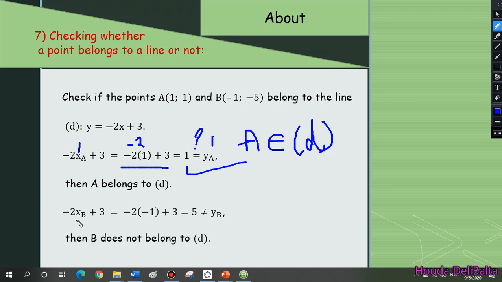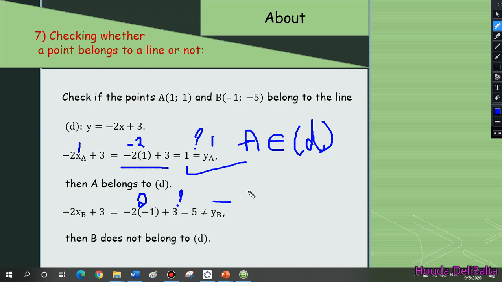Now let's see for B. -2 into xb plus 3 from the line. Is it going to be equal to yb? Let's see. -2xb means -2 into -1, which is definitely 2. 2 plus 3 is 5.